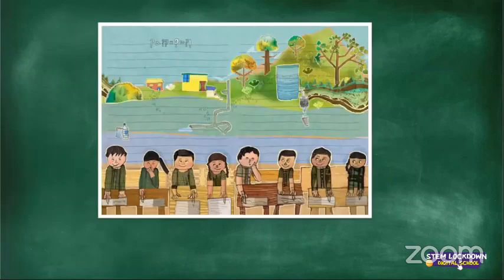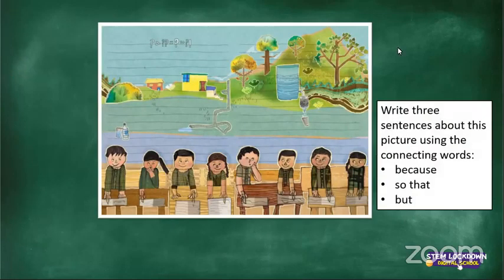Now, you remember with connecting words, we said that there are 3. We learned about 3 different ones this week: because, so that, and but. So because shows a reason, so that gives a purpose, and but shows contrast.